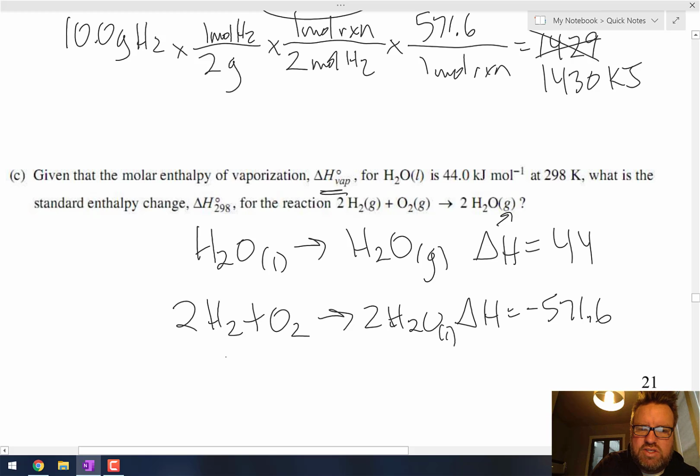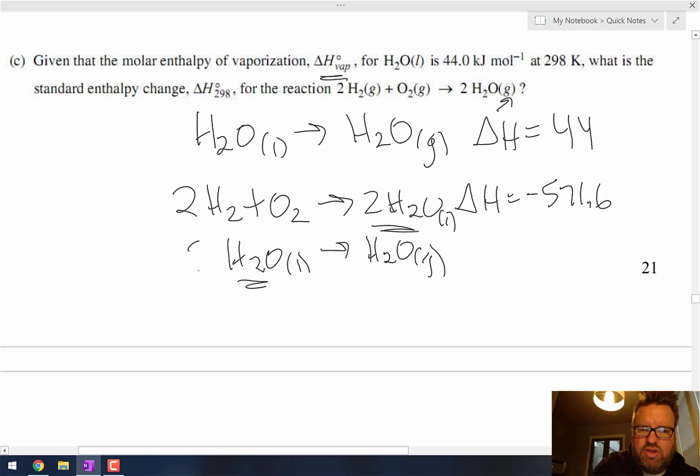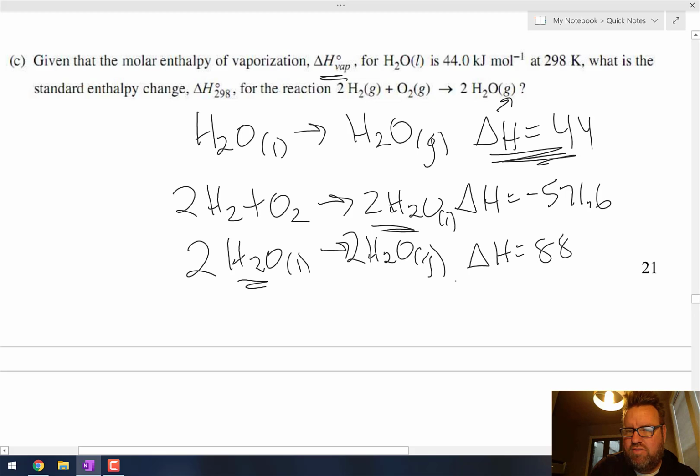Okay, so we're going to have H2O liquid so that they'll cancel, becoming H2O gas. But notice there's 2 waters here. Here we only have the 1. So what do we need to do? We need to double that equation. And when we do that, this enthalpy change, delta H, is going to turn to 88 rather than 44.